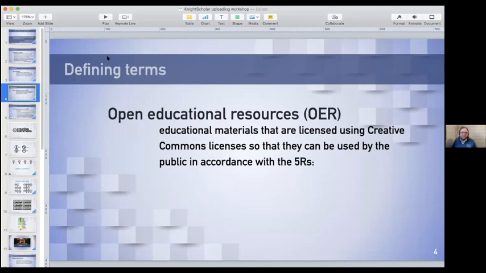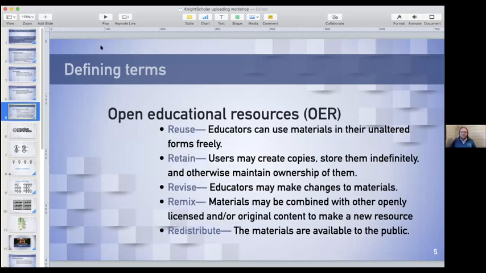So open educational resources, to back up a little bit, are educational materials that are licensed using Creative Commons licenses so that they can be used by the public in accordance with the 5 Rs. These 5 Rs are as follows. Reuse: educators can use materials in their forms freely.